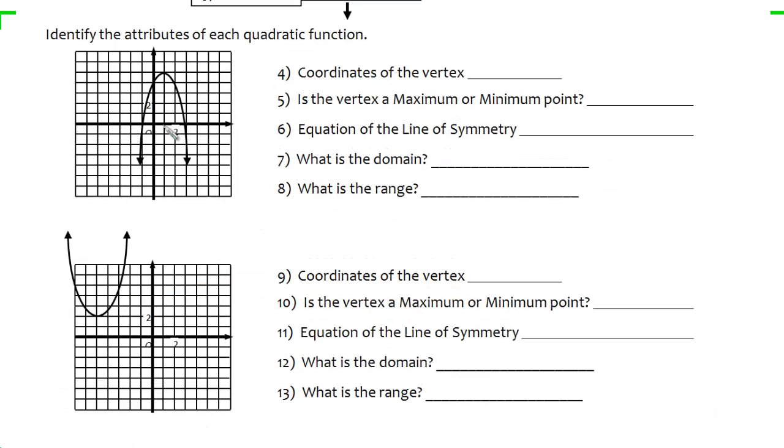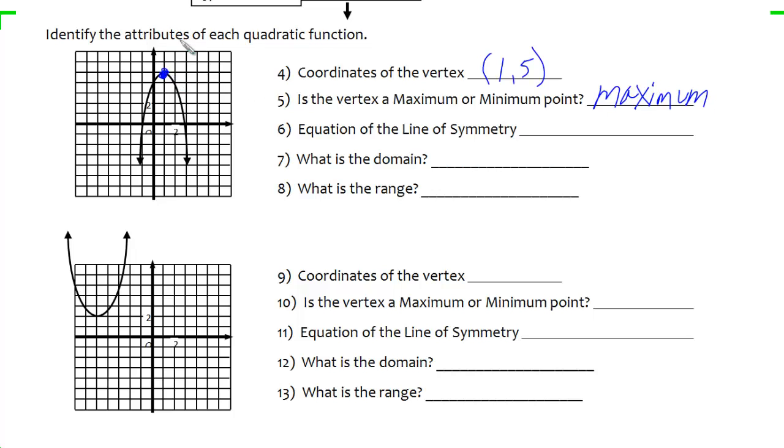So identifying these given a graph, again, I'm first asked to look for the coordinate of the vertex, and I see the vertex is right here. It's where my graph begins to change direction, and that is at the coordinate 1, 5. And then is it a minimum or maximum? I see that this is actually the peak. It's like standing on top of the mountain. It's the highest point on the graph. So that's a maximum.